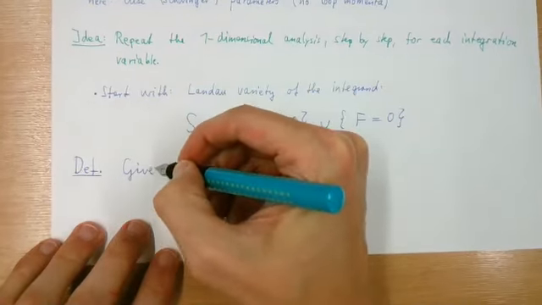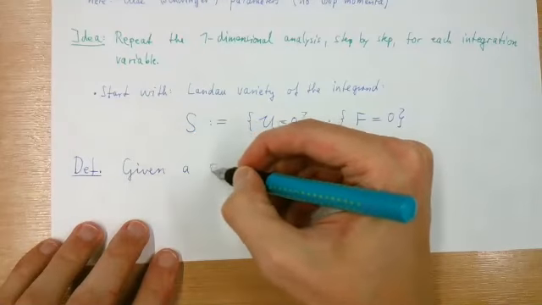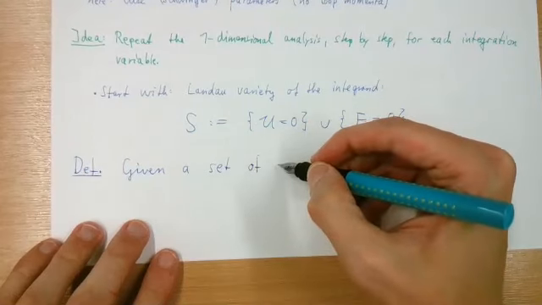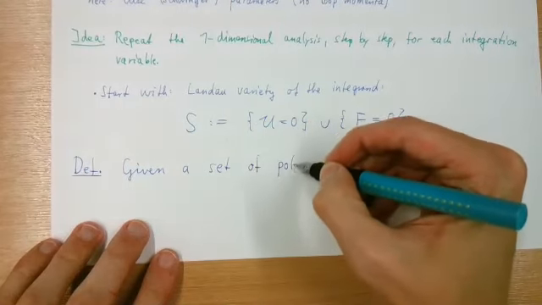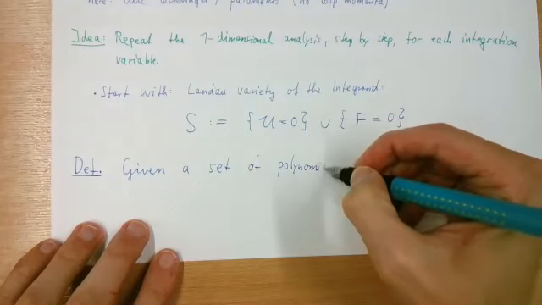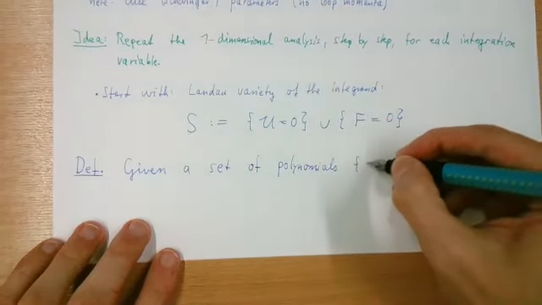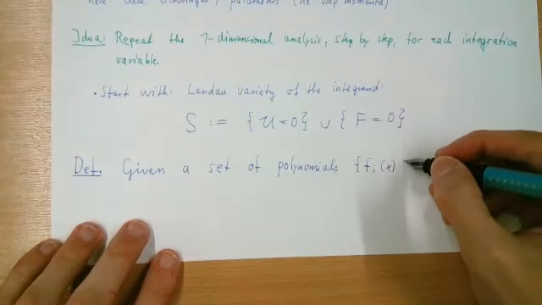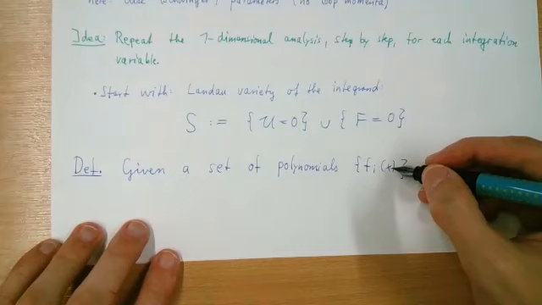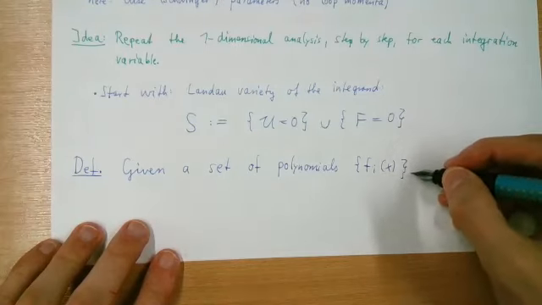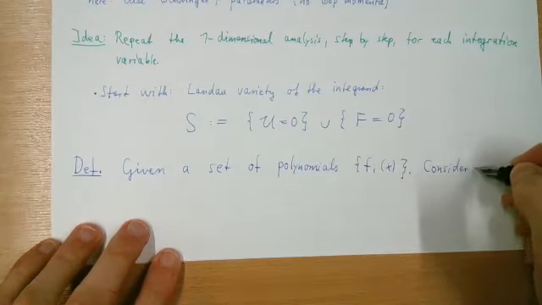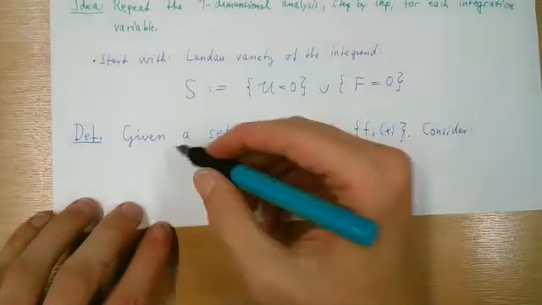So let's suppose we're given a set of polynomials of a variable or of several variables, but then you just assume all the other variables are fixed for the moment. And then we do the following things. It's a list of several objects we have to look at.